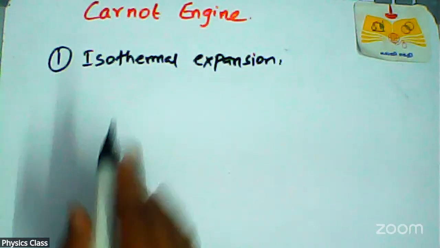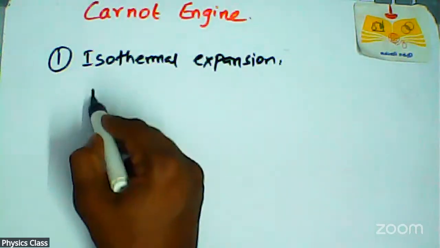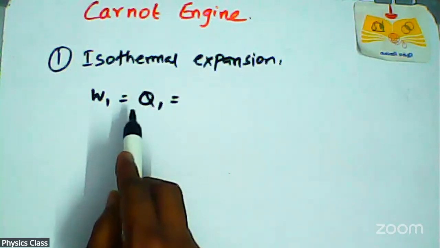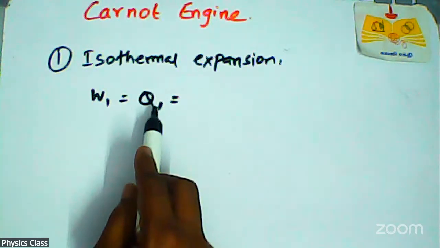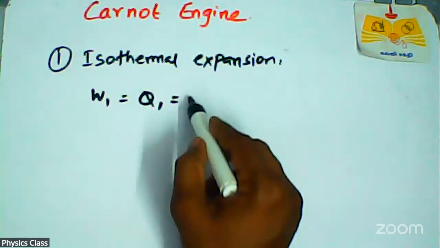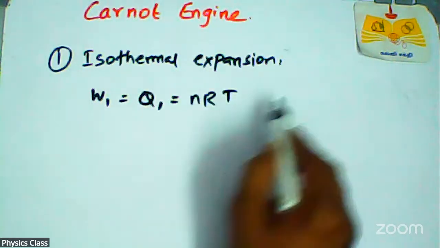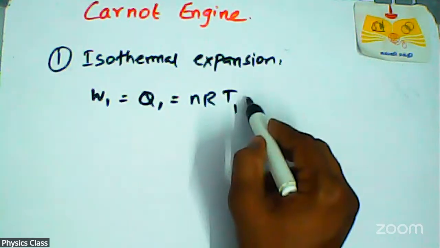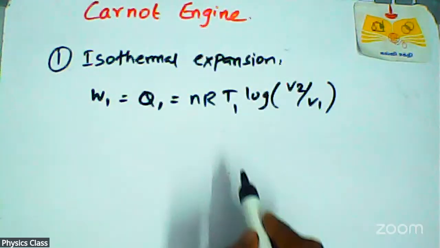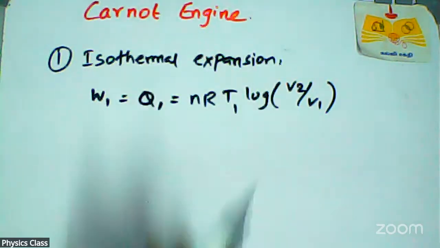So P1 changes to P2, V1 to V2, at temperature T1. The work done W1 is equal to Q1, because heat is absorbed from the source, denoted as Q1. From the ideal gas law, the equation becomes nRT1 log V2 by V1. This is the work done by the gas in isothermal expansion.